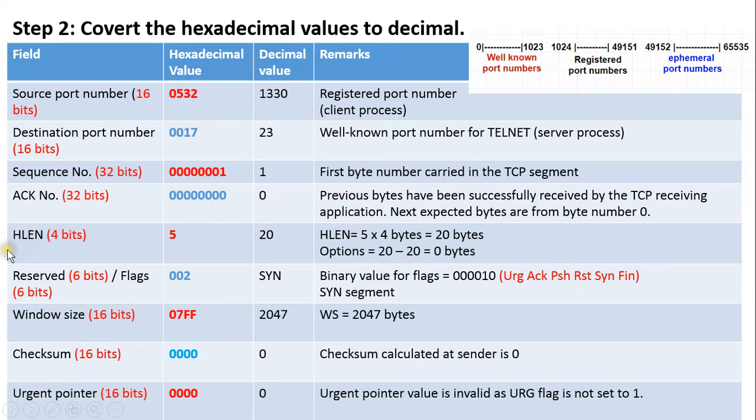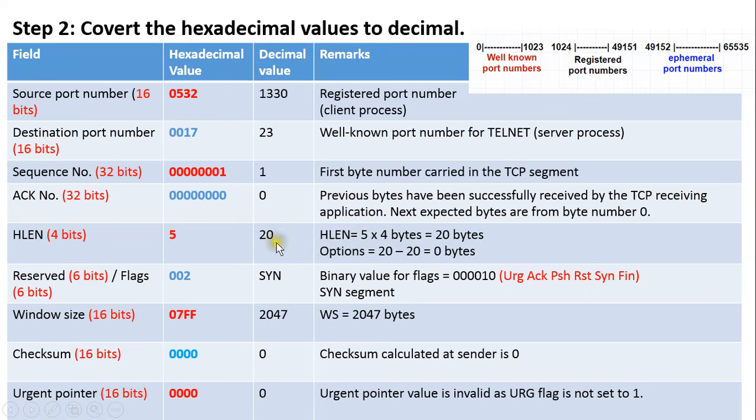The header length field is of 4 bits. It always mentions the length of the header in multiples of 4 bytes. The hexadecimal value for this header length field is 5. Its corresponding decimal value is 5, and the header length will be 20 bytes, because header length is always a multiple of 4 bytes.